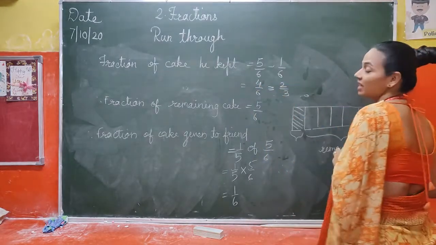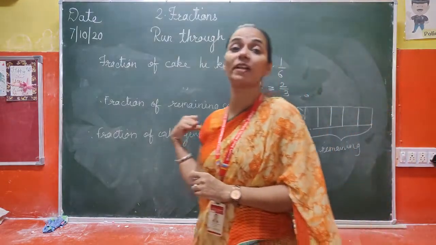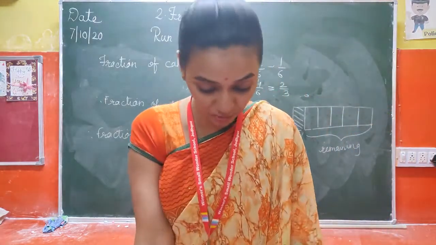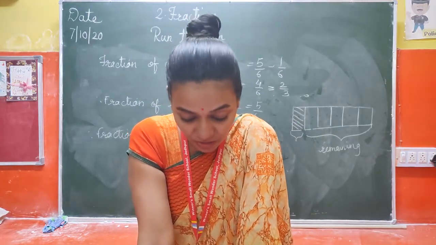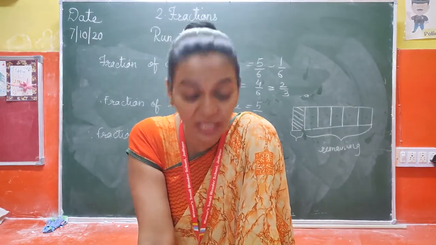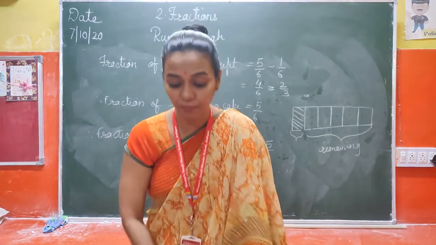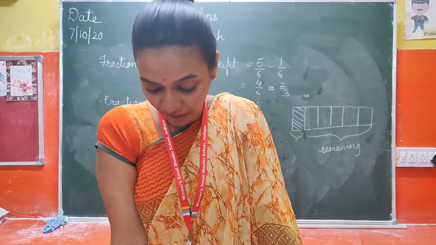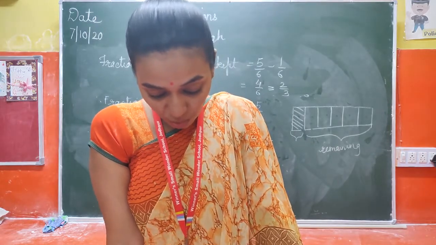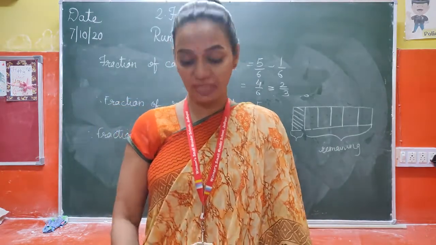So 2/3 is the fraction of cake which has been left or which he kept. Now the next question. A pipe of certain length has been divided into 3 equal parts. If the length of each part of the pipe is 3 2/3 meters, what was the original length of the pipe? It's really simple.